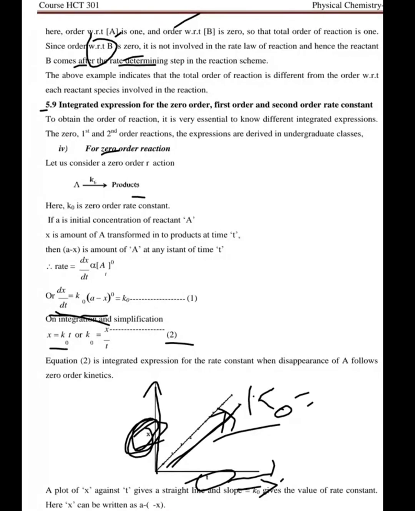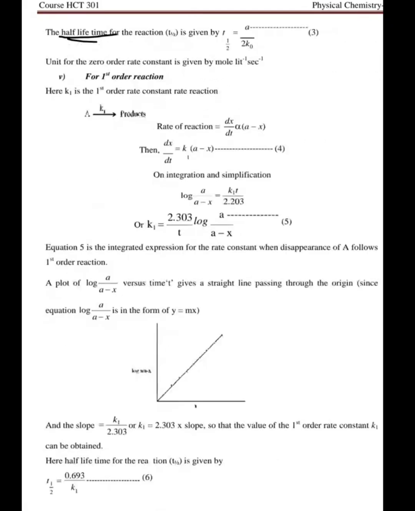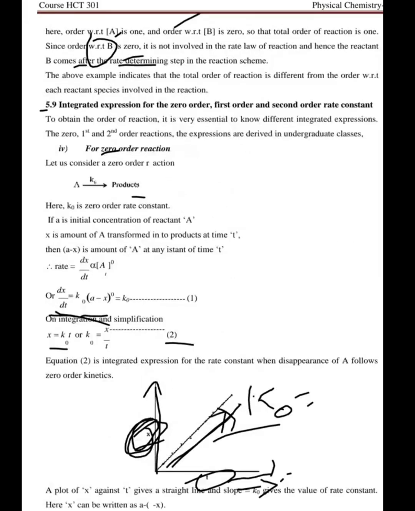You are going to get the zero order reaction. To calculate the half life time for the reaction, T half is given by T half is equal to A by 2k naught. See, A is nothing but, what A is it.